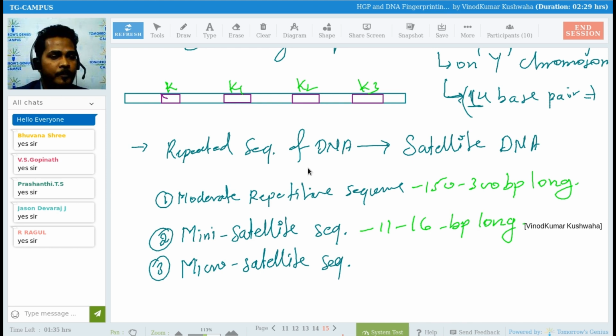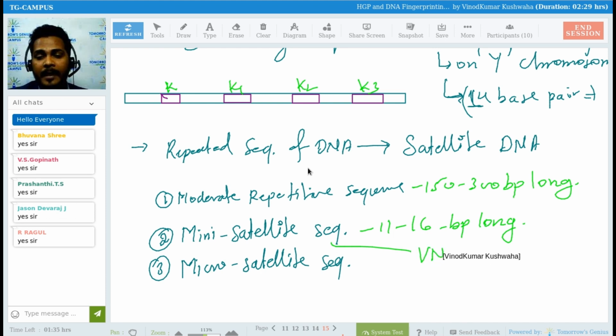My pen is visible to all of you? Yes, this is 11 to 16 base pair long, and these are referred to as VNTRs.